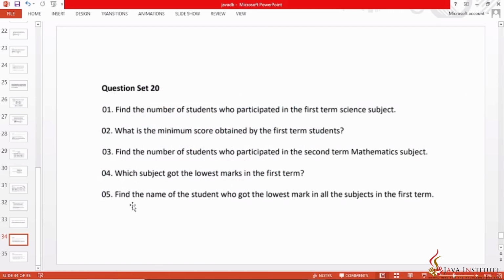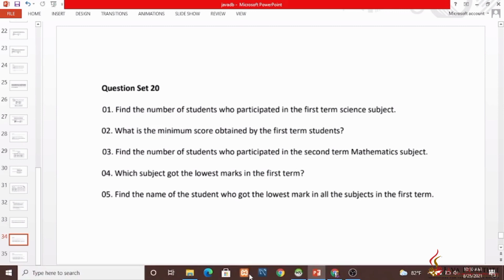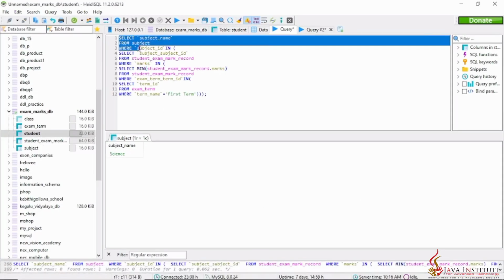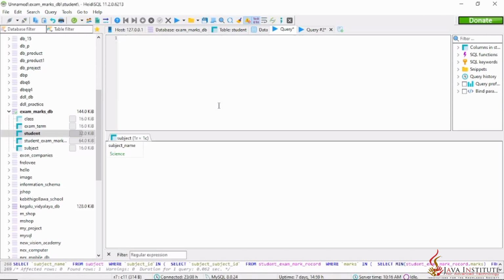So the next question, find the name of the student who got the lowest mark in all subjects in the first term. So let's write the query here for the last question.